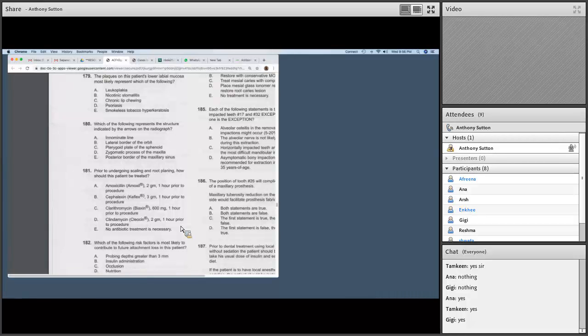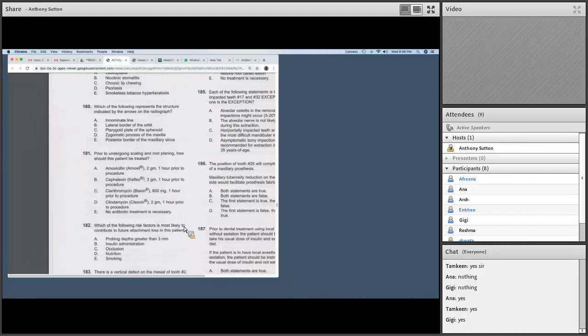Cool. All right. Which of the following risk factors is most likely to contribute to future attachment loss for this patient?